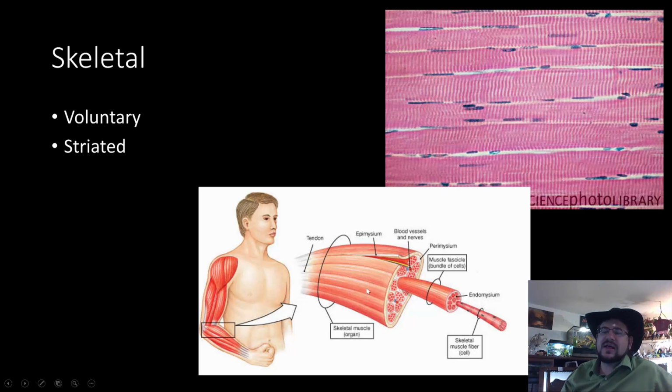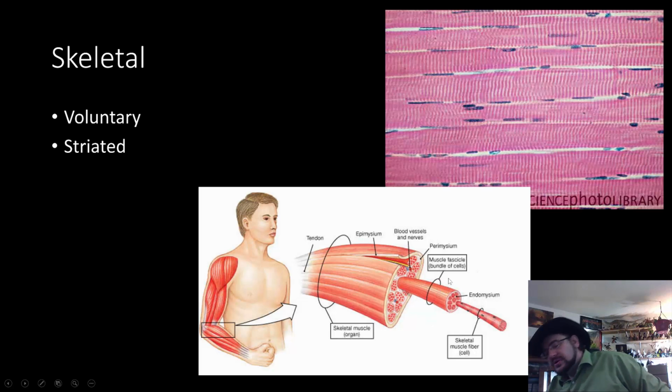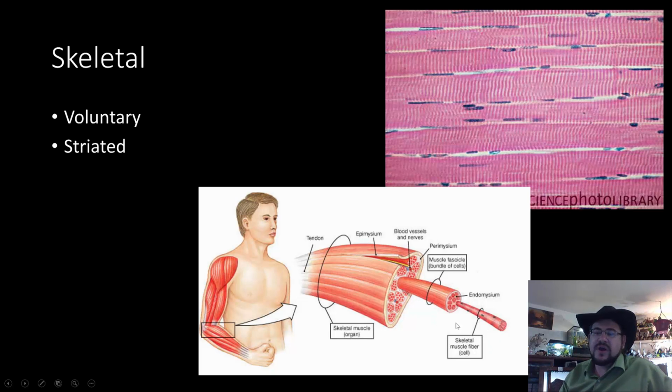So we can see how skeletal muscle is arranged in this lower picture here, right? So we have bundles of bundles of bundles. So right here is a single skeletal muscle fiber, right? So you can see that there appears to be lots of little rods packed in there. Those are the protein filaments that allow the contraction of the muscle.